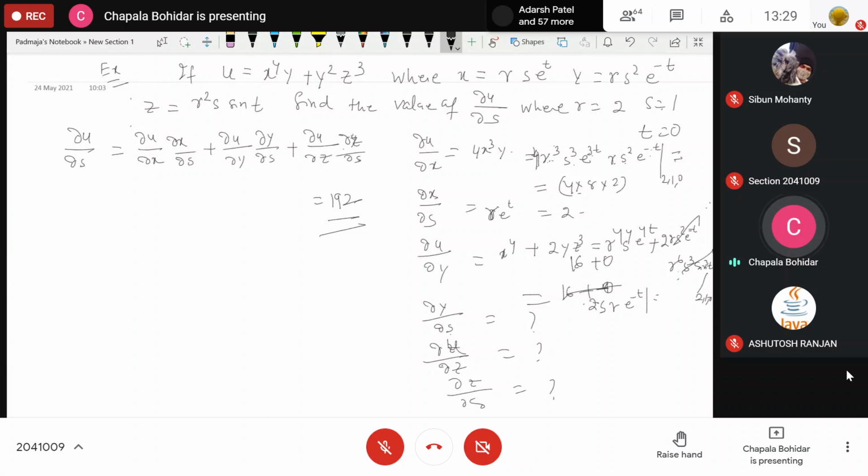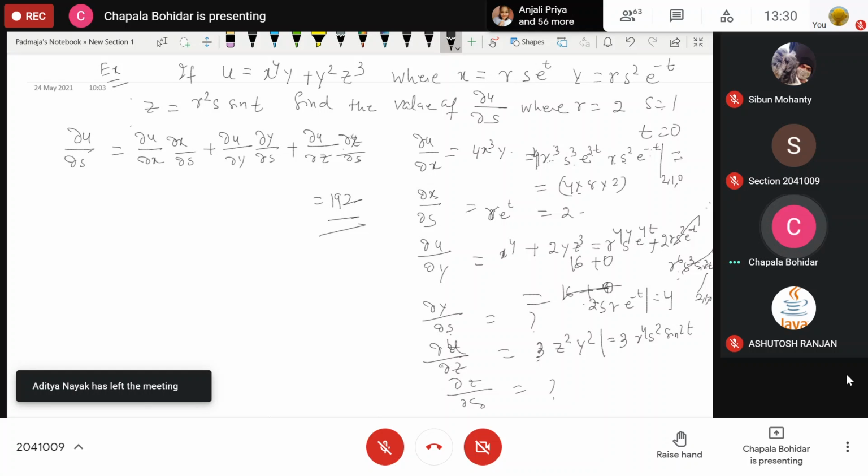And del u by del z, it is coming 3 z square y square. It is coming 0. That is equal to 3 into r square s4 sin square t, and y square is here, it is coming 0.